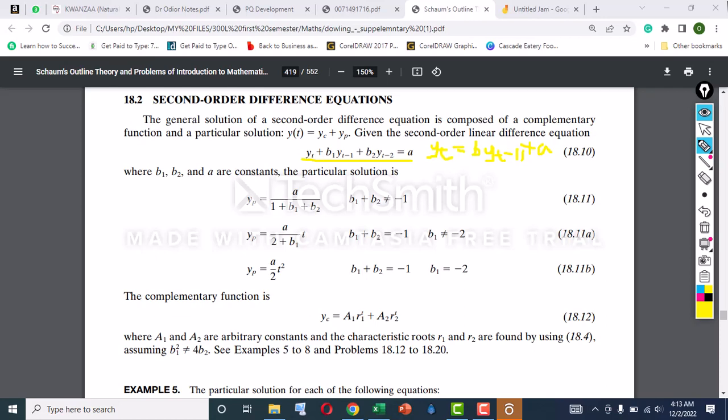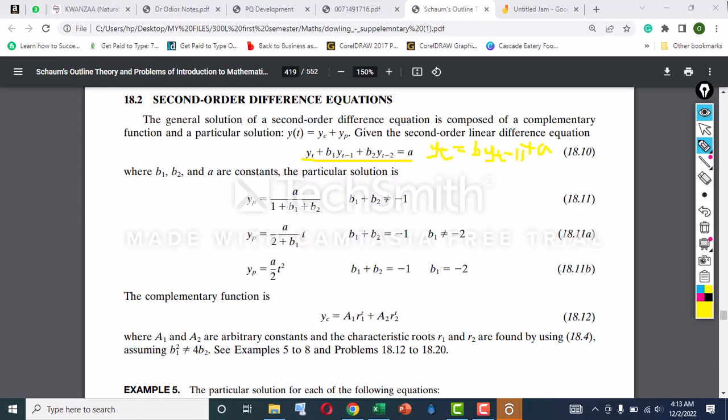Can you see that in the first order difference equation example that we did, they simply asked us to find the general solution? From our general solution, we can bring out the complementary function, which is everything at the left hand side before the plus or minus, then the particular integral, everything at the right hand side. But in second order, just like differential equations, most times we ask you for the complementary function and or particular integral.